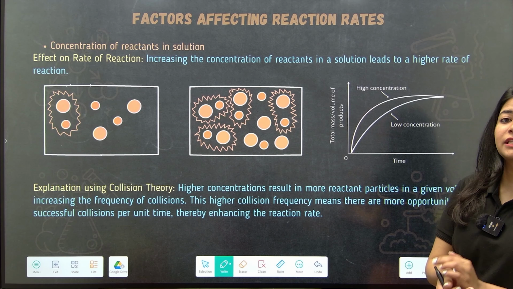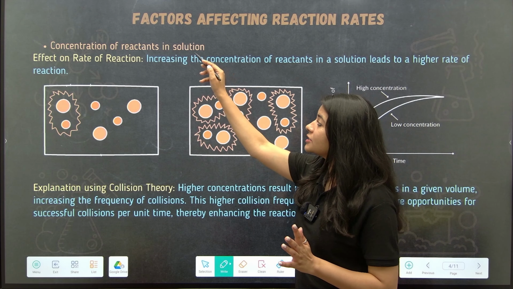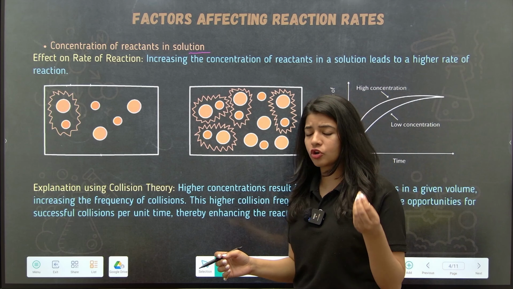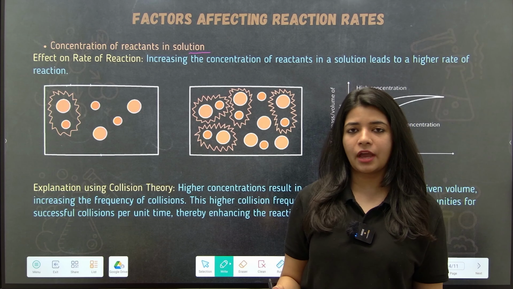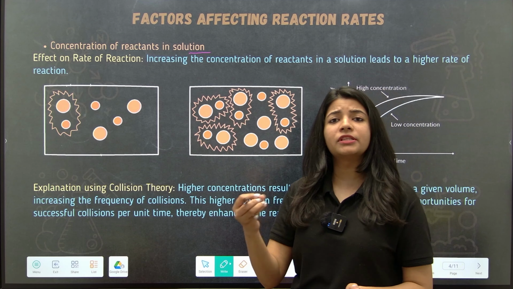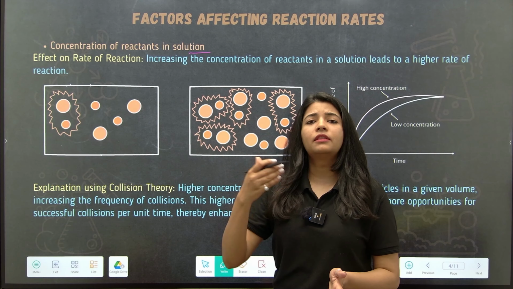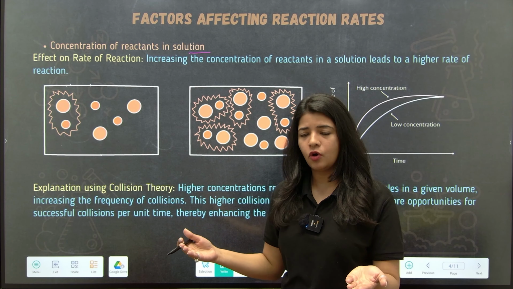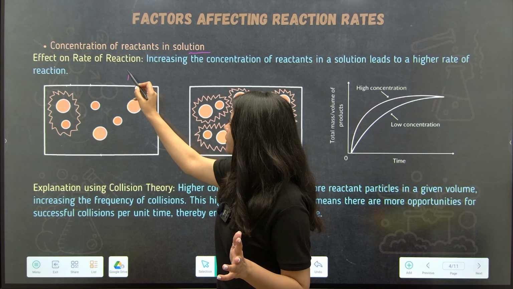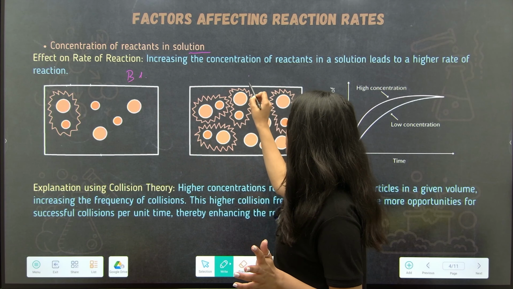So the first is concentration of reactants in solution. How does concentration of particles change the rate of reaction? More the number of particles, more the frequency of their collision, and hence the rate of reaction will be faster. Let's understand this by the diagram. For example, this is your beaker 1 and this is your beaker 2.